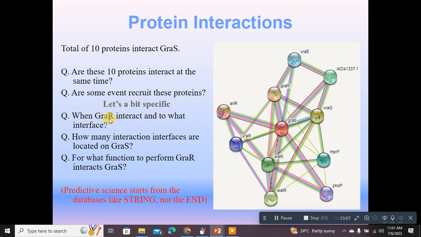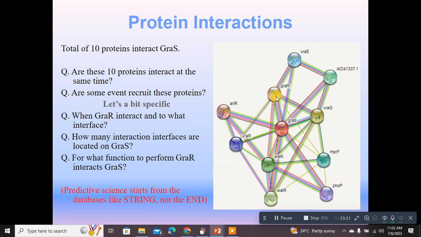When does GRAR interact, and through what interface? For example, this GRAR interacts here. So which interface is it using? The interface is the location used for the interactions. Proteins do not interact blindly. They are very, very specific in interaction. So what interface are they using?